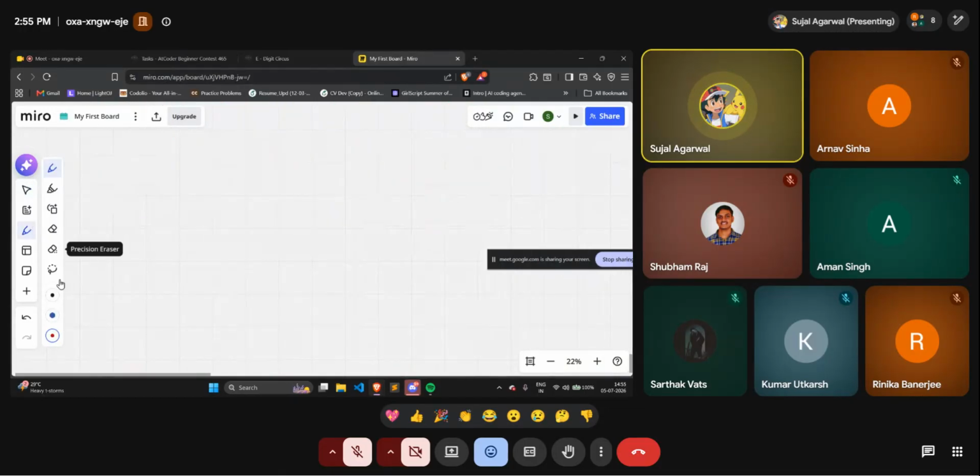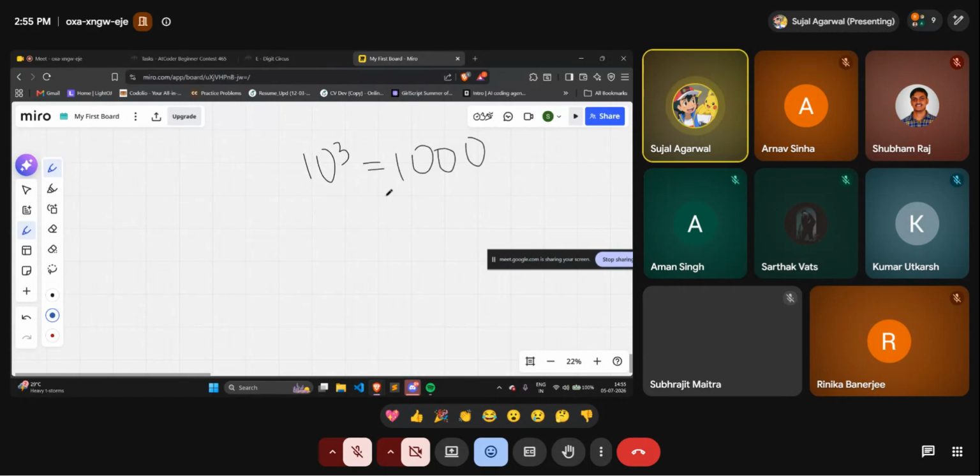Suppose I am given the number 10 to the power 3, which is basically 1000. If we convert this number to string, the number of places required to store this number is 4. So 3 plus 1 is 4. So you can convert the number to string basically.